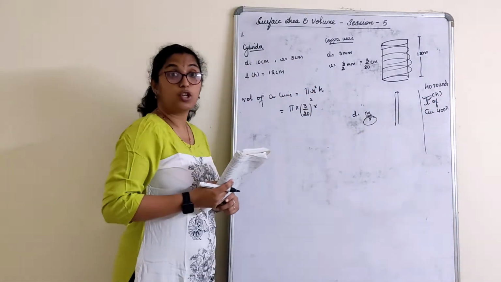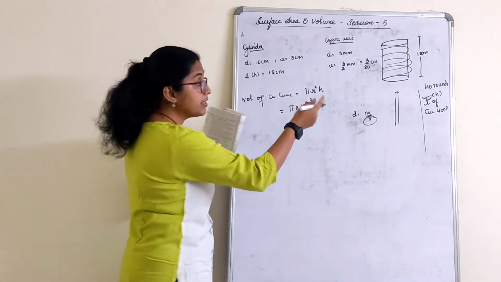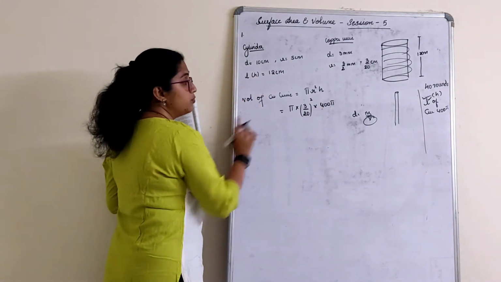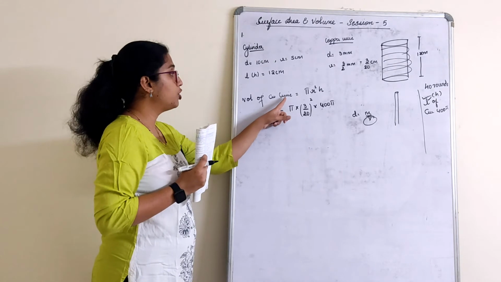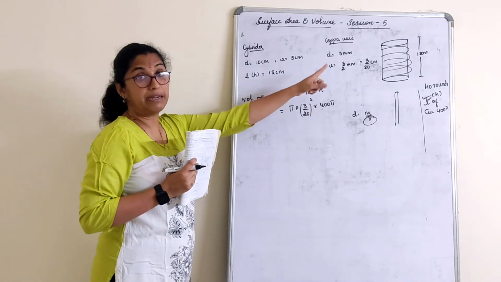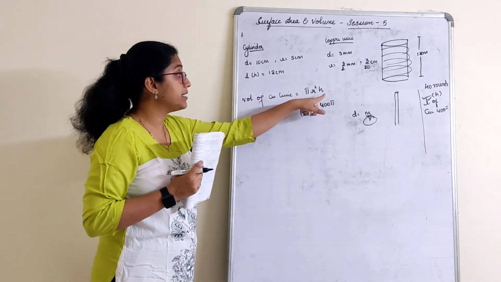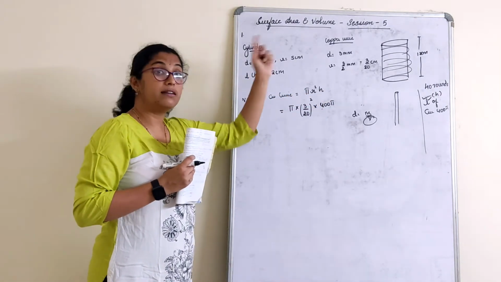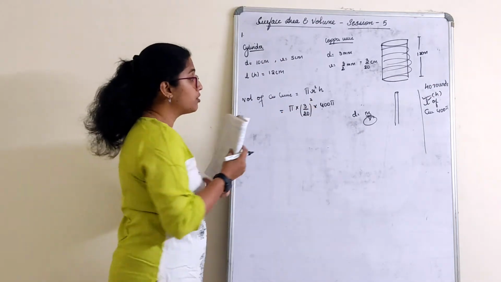What is the length of the copper wire used? Length of the copper wire used is 400 pi. Very clear till here? To find the volume of the copper wire, pi r square h. R was in terms of millimeter, I converted that in terms of centimeter. H is nothing but the length of the copper wire. Length of cylinder is different here. So h we got it here.